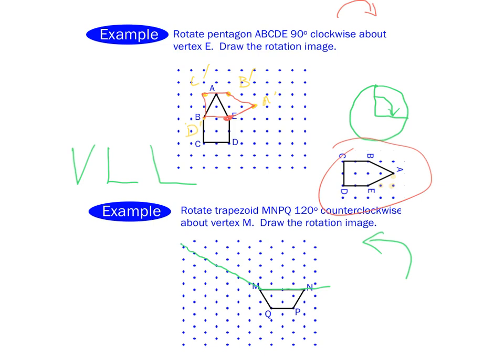our new n is going to be right here. That's our n prime. Then p is going to be like right here. Oh no, actually, my new n, I need to move over. My apologies.